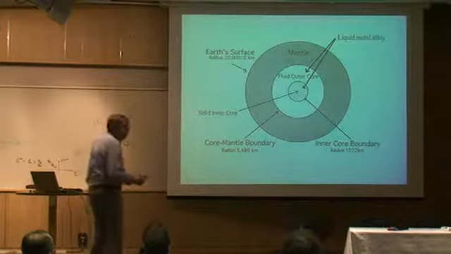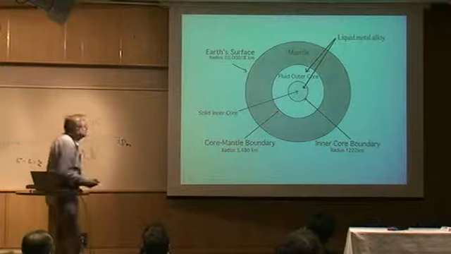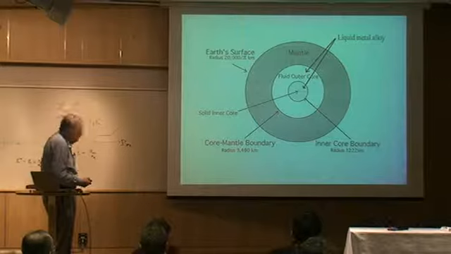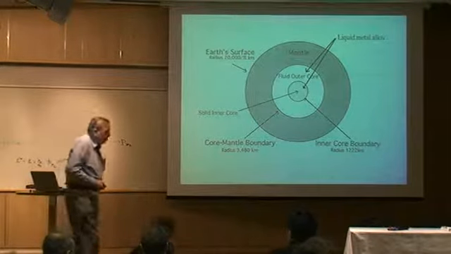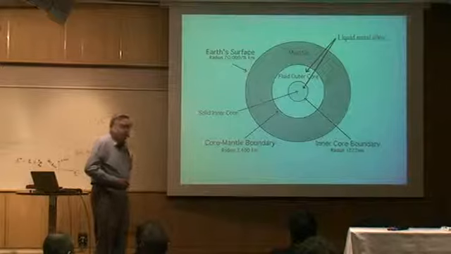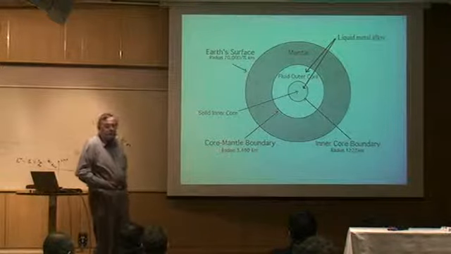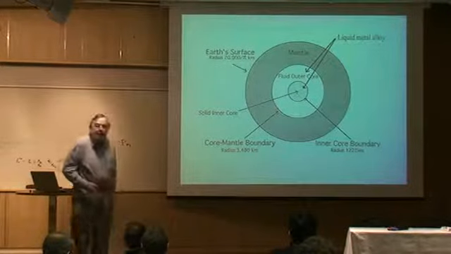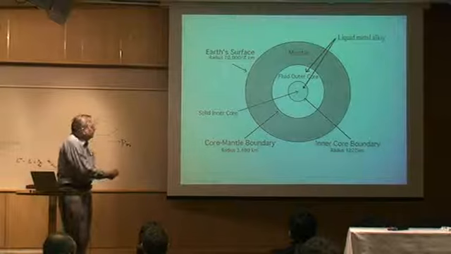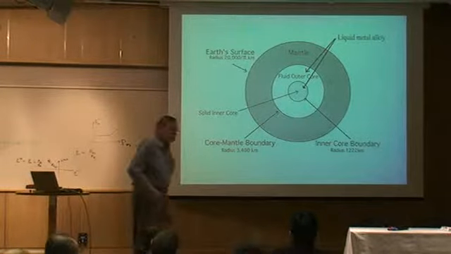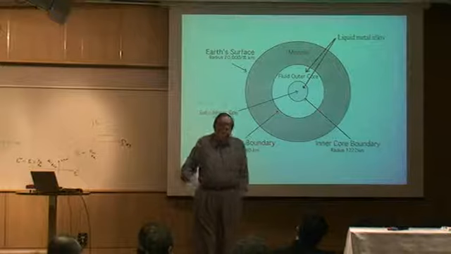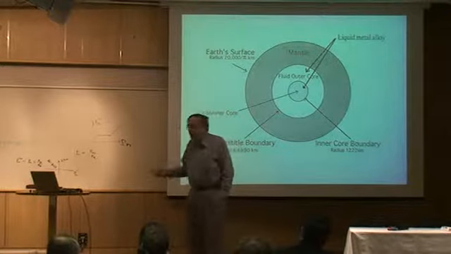We have here, most of it's labelled. It appears that the Earth has been cooling over geological time, and recently, the last billion years or so, it's acquired an inner core. It acquired this by an interesting process. We're all used to freezing things and having them freeze at the top.